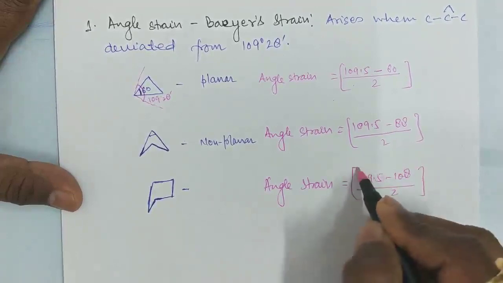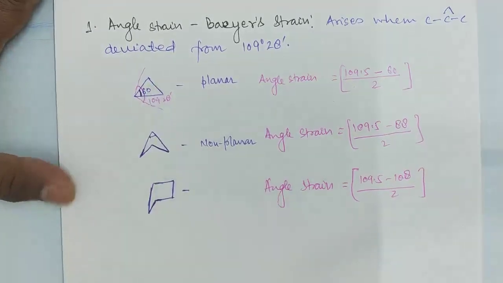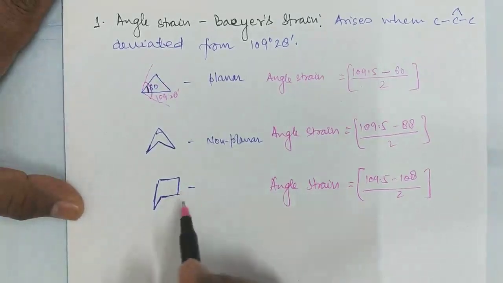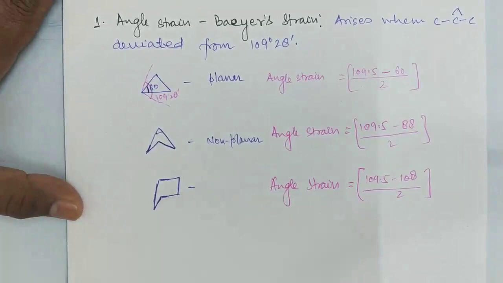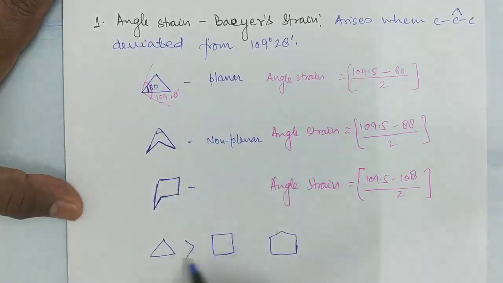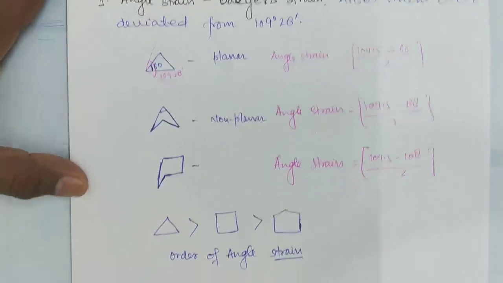So among these three, the minimum strain is in the cyclopentane ring. Frequently, we draw cyclopropane, cyclobutane like this, and cyclopentane like this. This is our usual habit, but this is not correct. But okay, no problem. This is the order of angle strain, right?